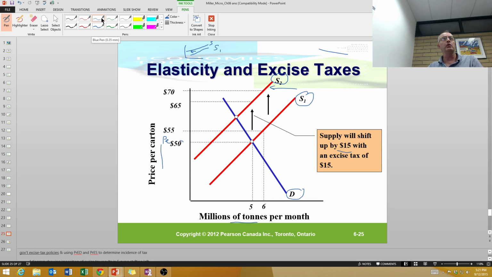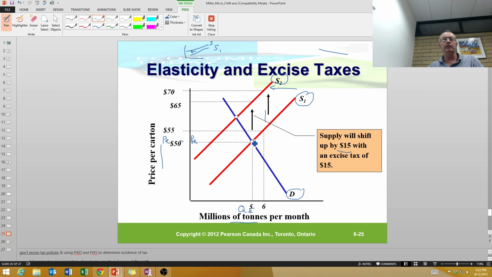Okay, so what we have here: here's our original equilibrium price, and here's our original equilibrium quantity. Now we have this excise tax of $15 per carton imposed, and the excise tax is the difference.